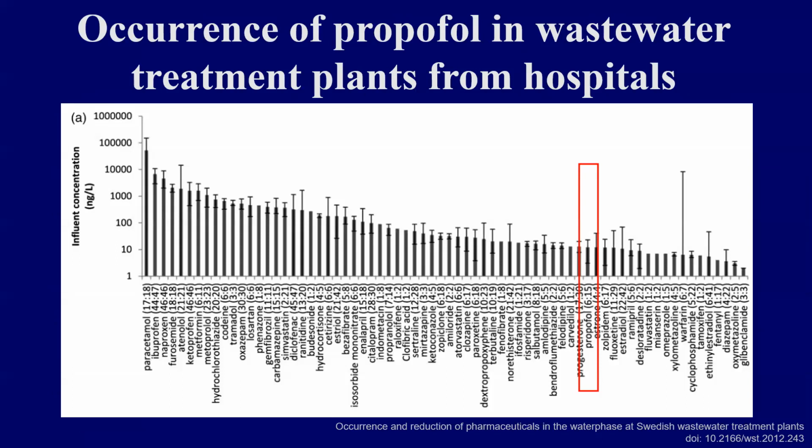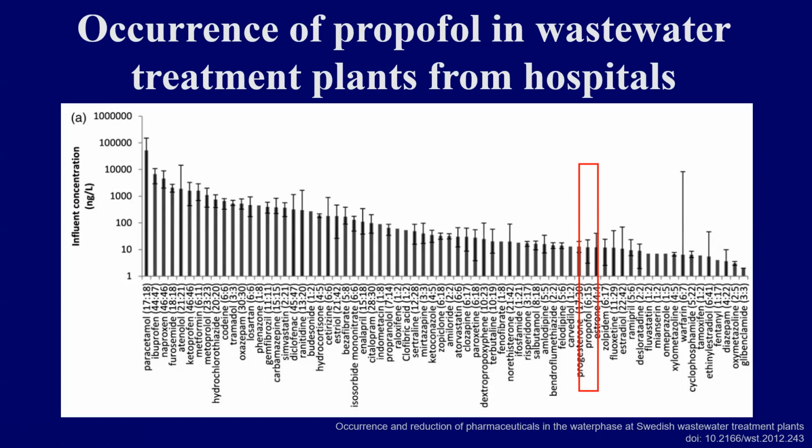In this Swedish study, where they looked at pharmaceutical residues in wastewater, you can see here, importantly, this is a logarithmic scale. And these are all medications. So propofol is written here, and you see on this logarithmic scale it has a value of 11 nanogram per liter.